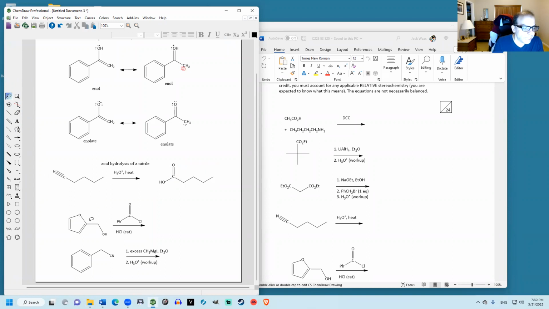This next one, we have an alcohol and an acid chloride. That's what you need to notice. So this next one is alcoholysis of an acid chloride. I even remember where you can find that, 21.4. And so the product's going to be an ester.